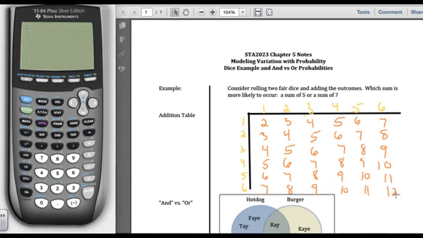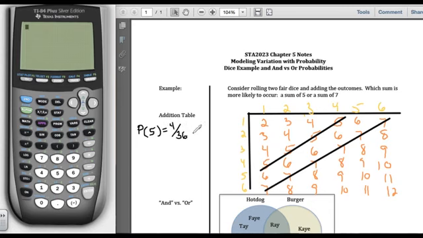And now I can see along these diagonals which is more likely. I have 4 5s along this diagonal, and I have 6 7s along this diagonal. To use my notation, I could say the probability of a 5 would be 4 5s out of 36 total.